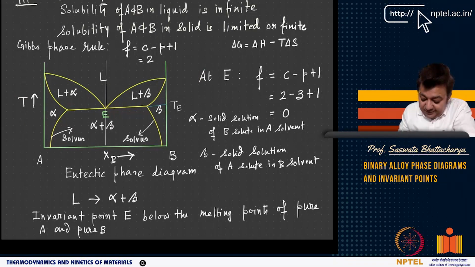This is the invariant point E, below the melting points of pure A and pure B. So this is a very useful concept in casting.